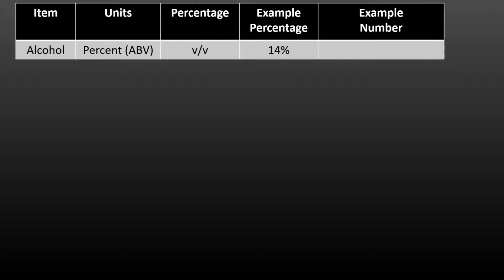Finally, alcohol, we do that as a volume to volume measurement, and that just means the percent alcohol in some volume of wine. So 14%, we know that that would be 14 divided by 100 because a percentage is just a fraction with 100 in the denominator. In this case, it's volume to volume, so we know this would be milliliters divided by milliliters.